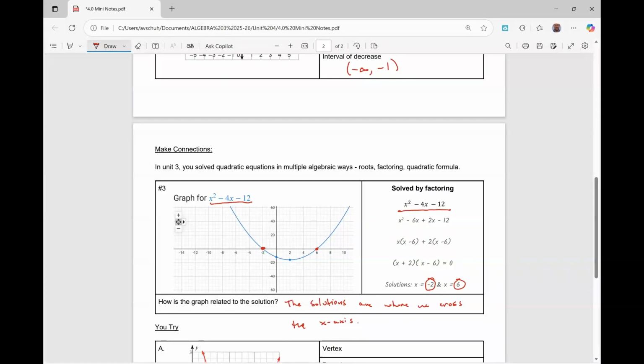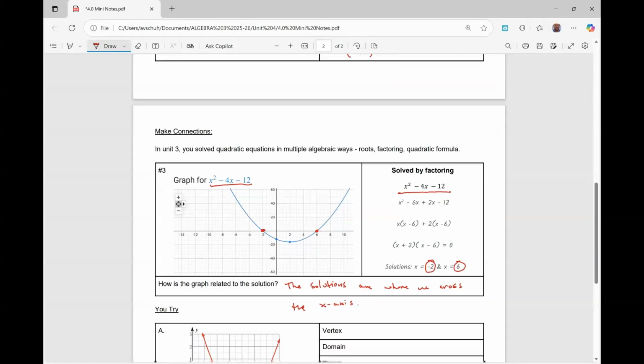So it's going to be the x value of that point, because obviously the y value is going to be 0 there. So (-2, 0) and (6, 0) would end up being our points, and we can find that by factoring, by graphing, quadratic formula, sometimes square root method, depending on the problem, but that's the idea behind it.